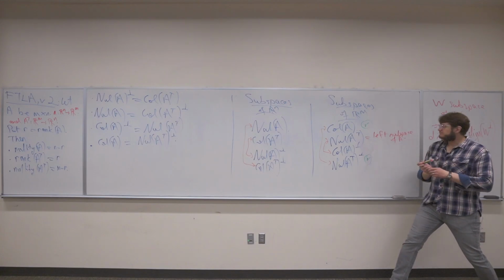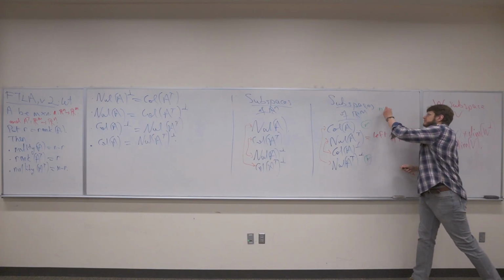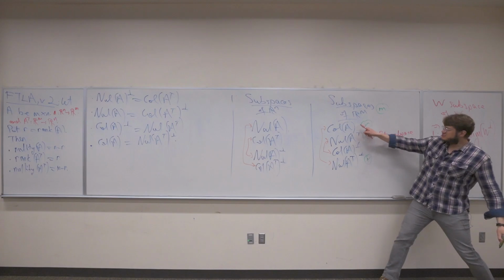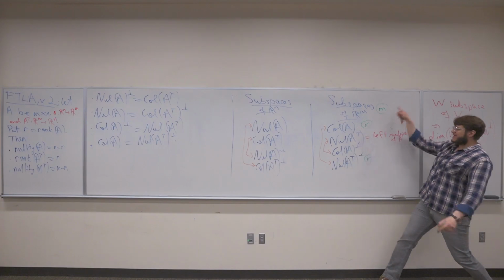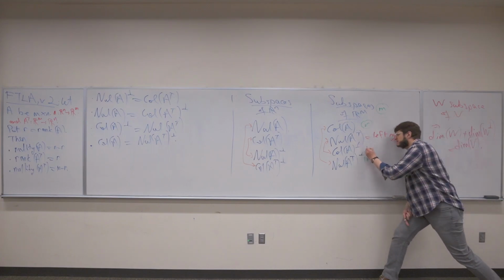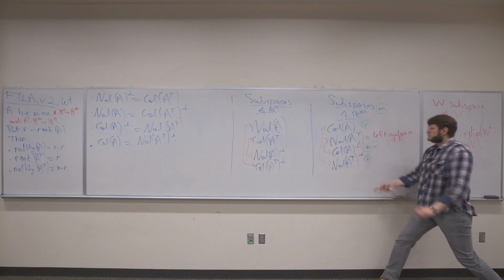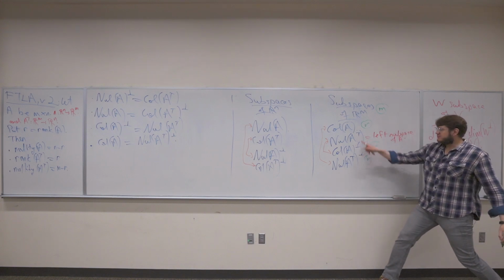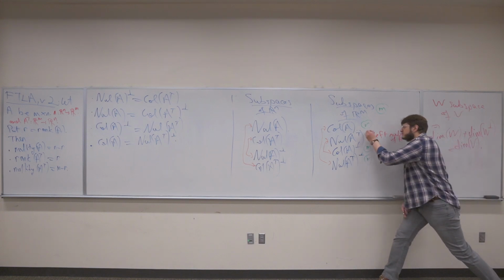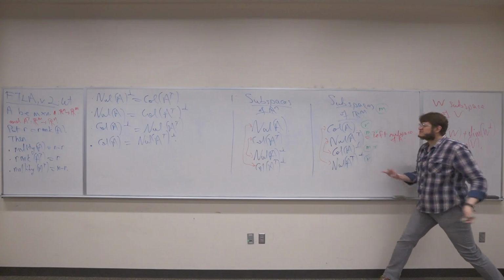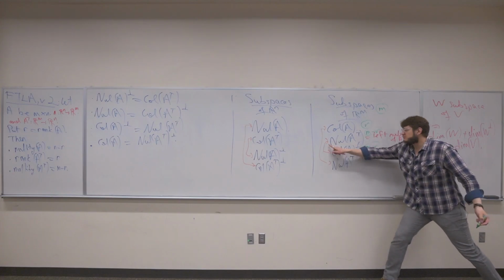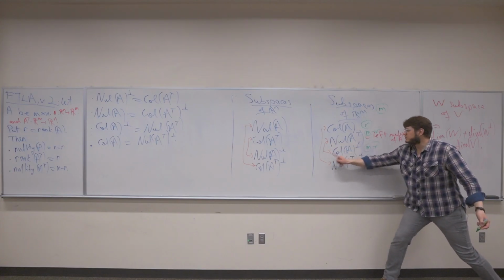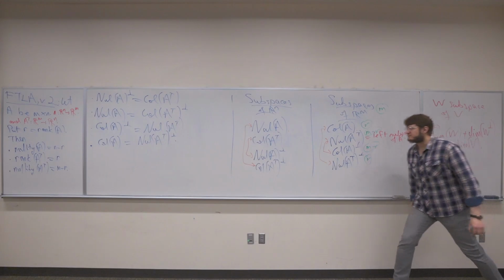Maybe I'll write it as well. The dimension of this and the dimension of this should add up to M, which means the dimension of this should be M minus R. And these are perps, so the dimension of this is M minus R, which is the same thing. You can also think of it as saying that these two are the same, their dimensions are the same.